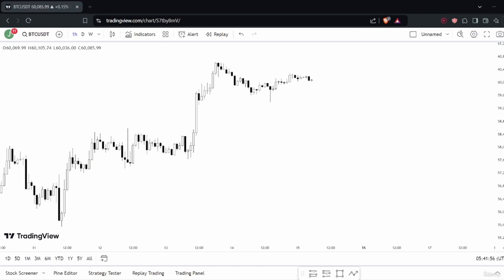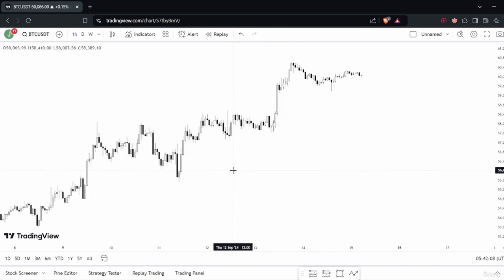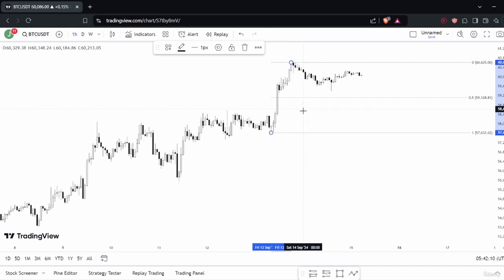So now we're going to be talking about this pretty important concept which you already heard me say, premium and discount. So premium and discount, it's basically, premium is everything above 0.50% and discount is everything below 0.50%.